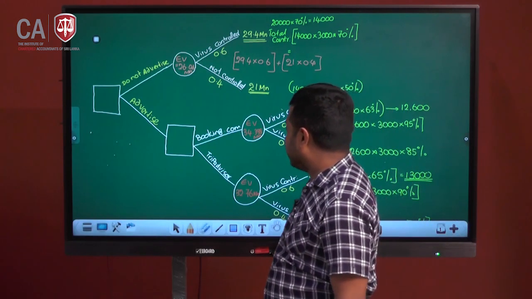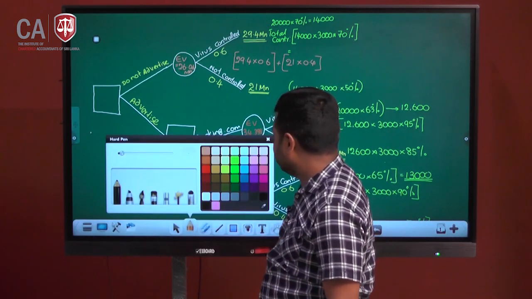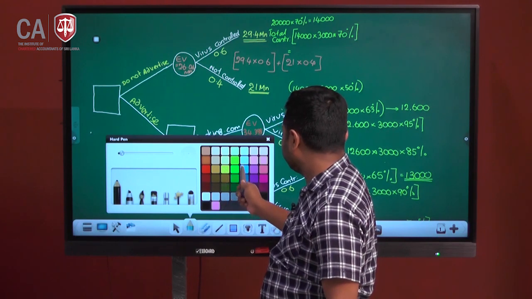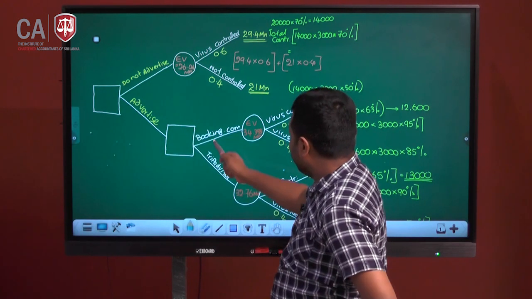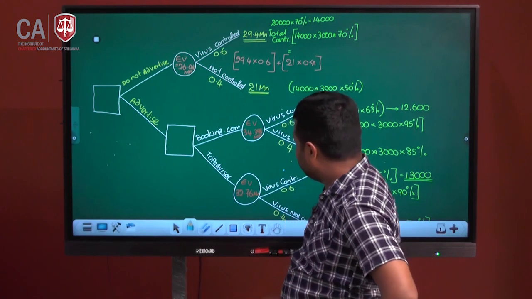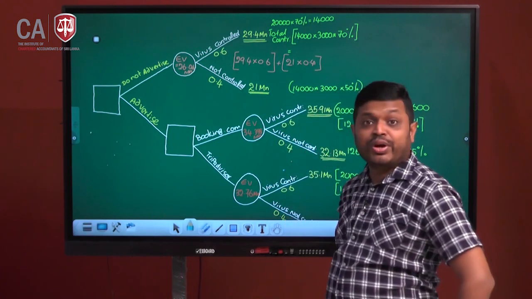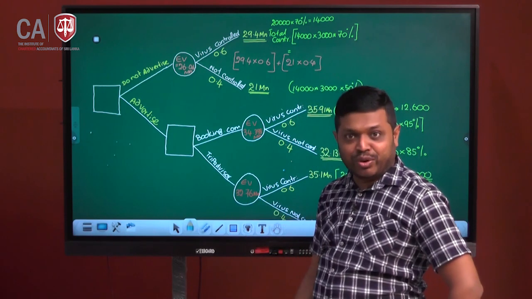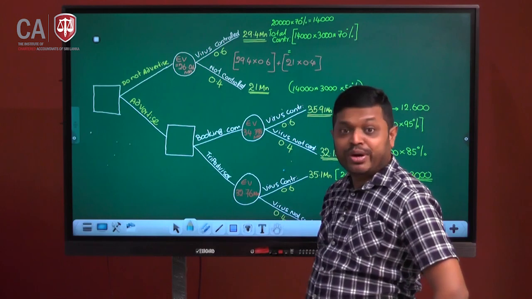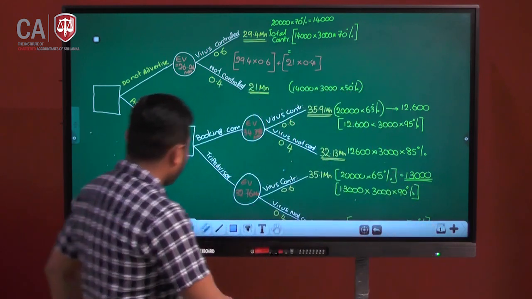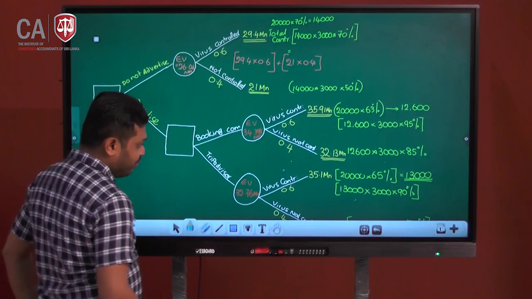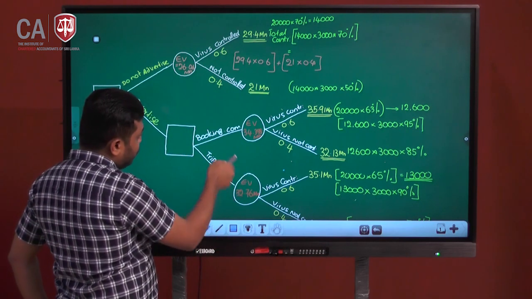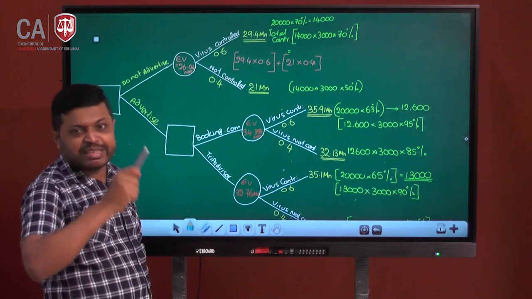Now you have to make a decision. If you apply booking.com, the expected value is 34.398 million. If you apply TripAdvisor, it will be 32.76 million. What is my decision? Out of these two, booking.com gives the highest expected value.